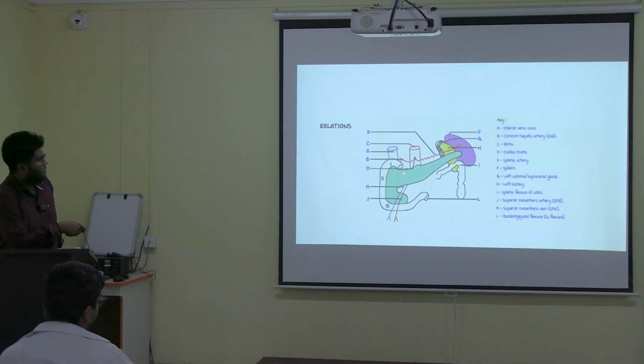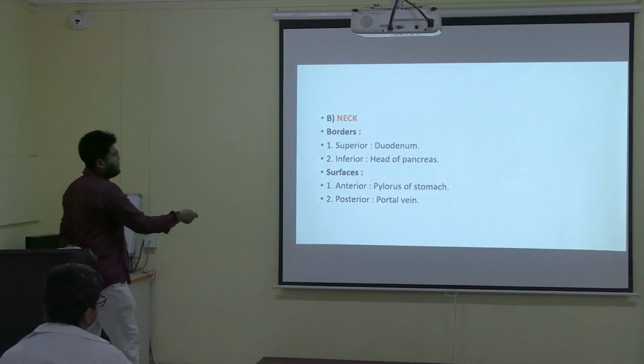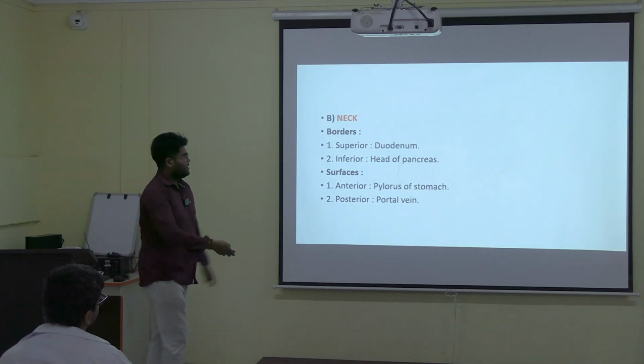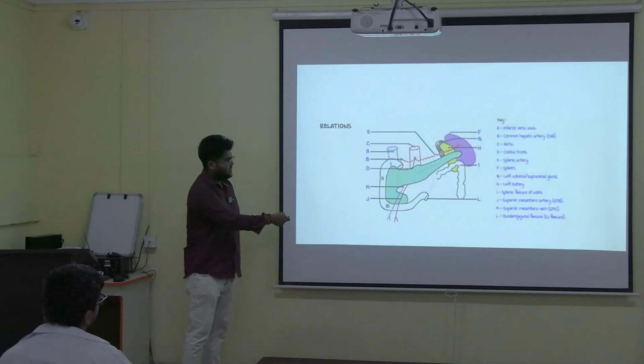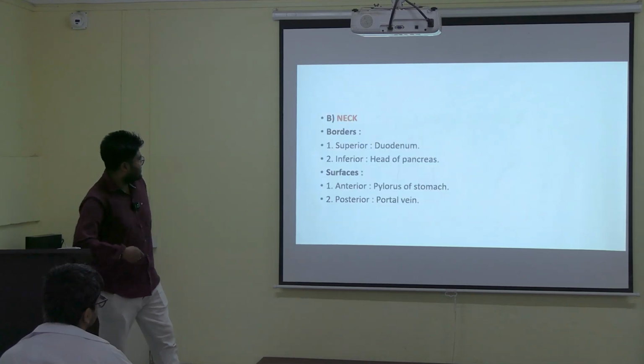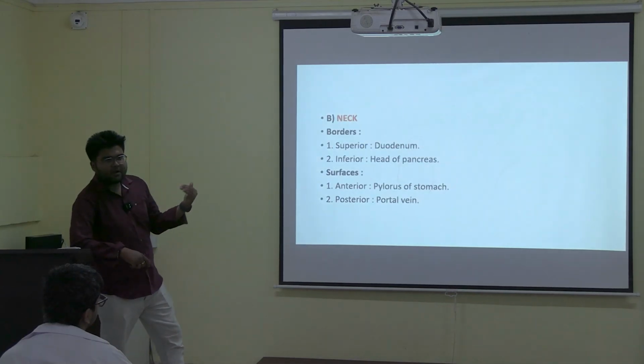Next, the neck part. Here in the neck, superiorly the duodenum is present, and inferiorly the head of the pancreas. See, this is the neck. Anteriorly the stomach part is attached, and posteriorly the portal vein.